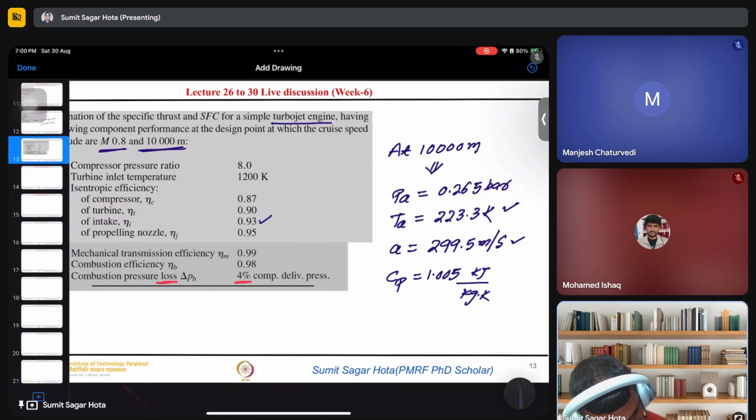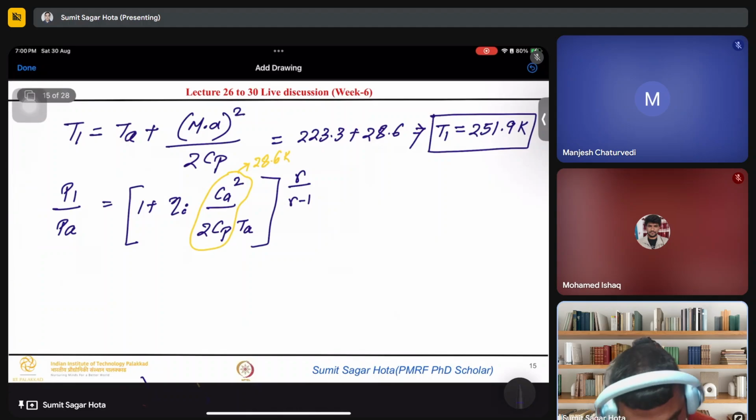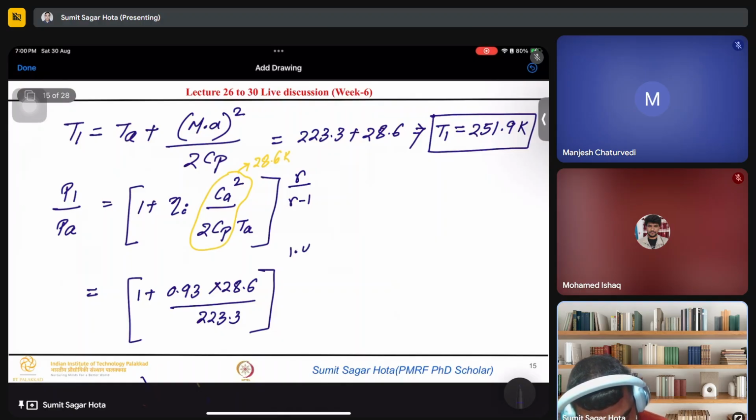So gamma by gamma minus 1 is 1.4 by 0.4.